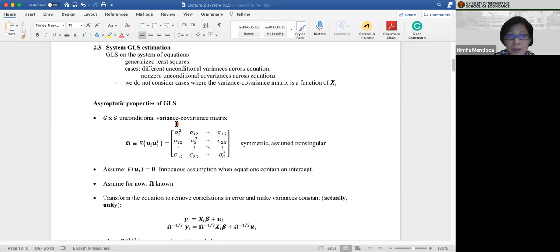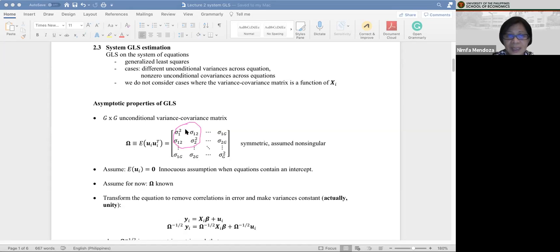So for the 2 by 2, two equation case, you would just have this part. Suppose the off diagonal element is equal to 0. So that means that the disturbance in the first equation is not correlated with the disturbance in the second equation.